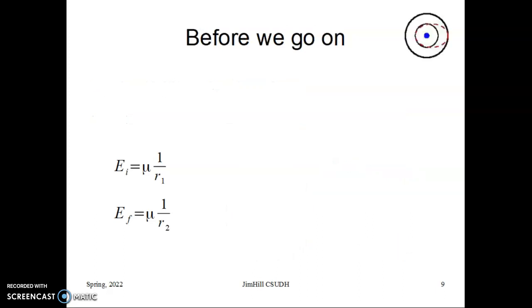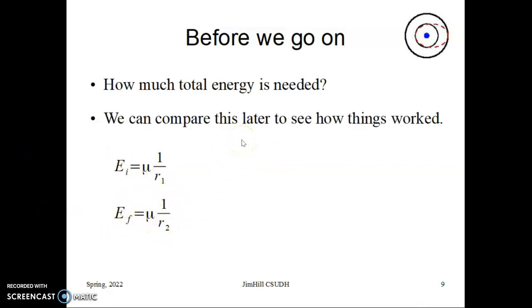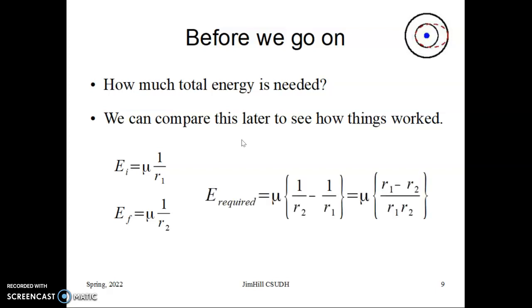So before I get to the simple answer in this notation, I want to look first at how much total energy I'm going to need to go from the initial to the final orbit. I can compare that later to check and see that it really was an efficient process that I chose.